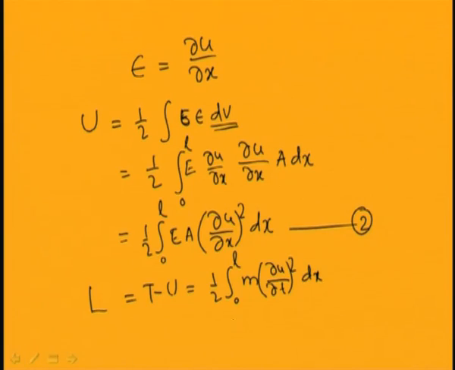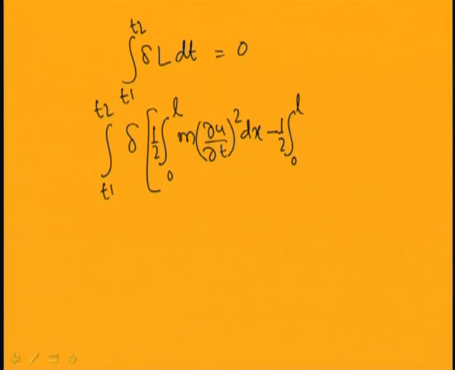For the potential energy, L becomes T minus u. So, this is the term for T, and for u one can write integral 0 to L E A del u by del x whole square dx. So, minus half E A del u by del x whole square dx.